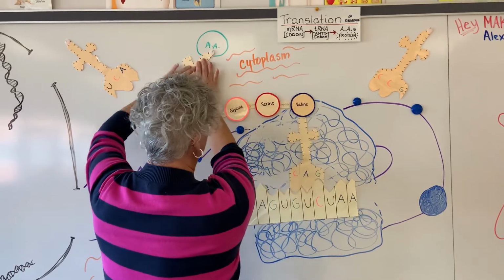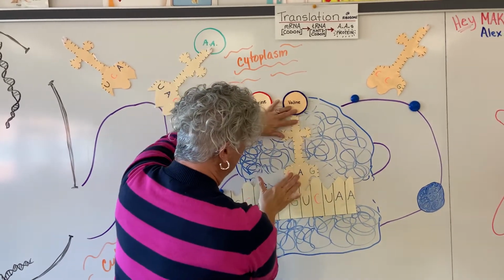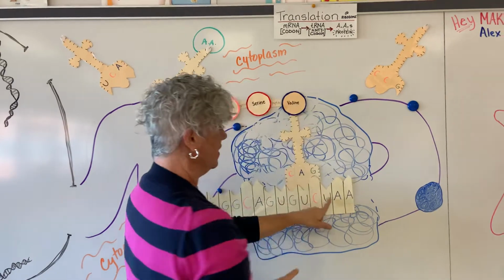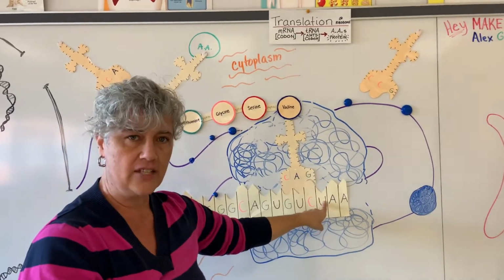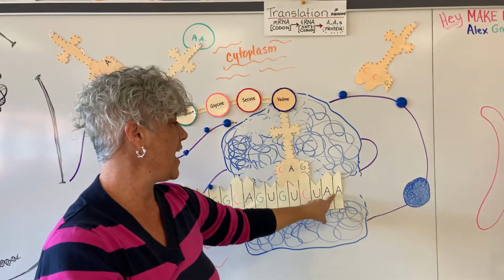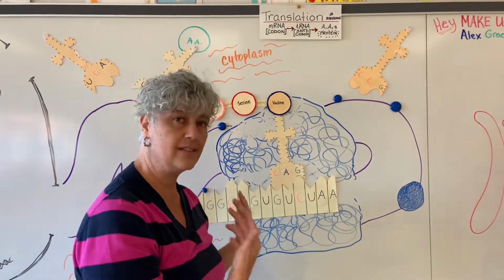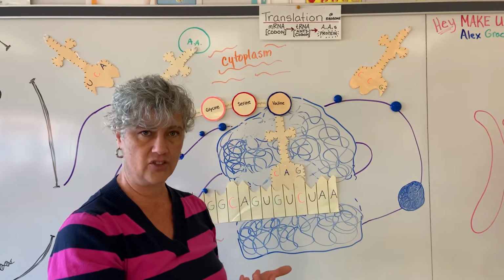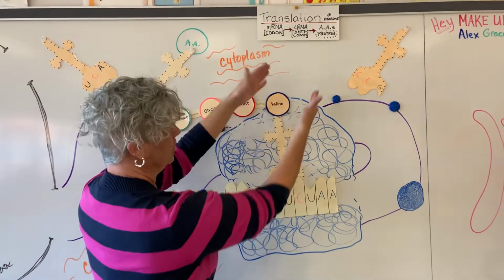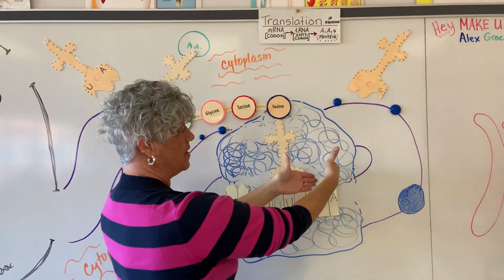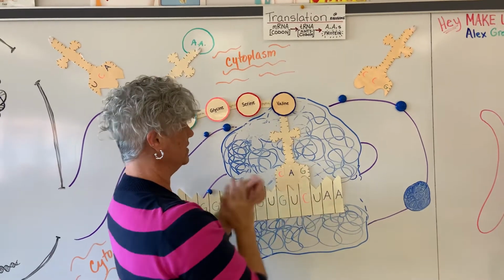And this keeps happening and happening and happening until a stop codon is reached. So if you check your notes, UAA is one of the stop codons. So that's a signal to the ribosome to stop the process of translation. The protein is complete. So there is no tRNA molecule to come in to correspond to that.